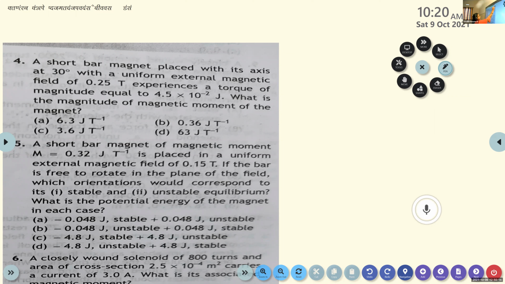Here the angle is given, theta is equal to 30 degree. Uniform external magnetic field B is equal to 0.25 Tesla. It experiences a torque of magnitude 4.5 into 10 raised to minus 2 Joule.